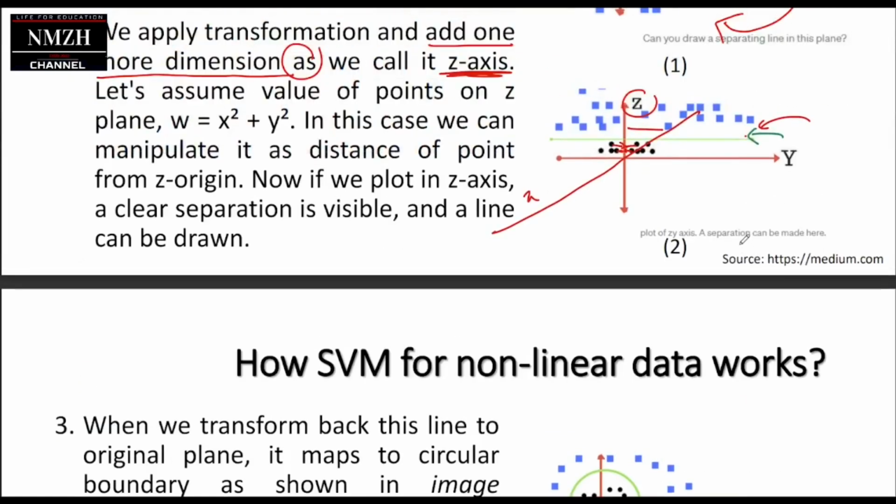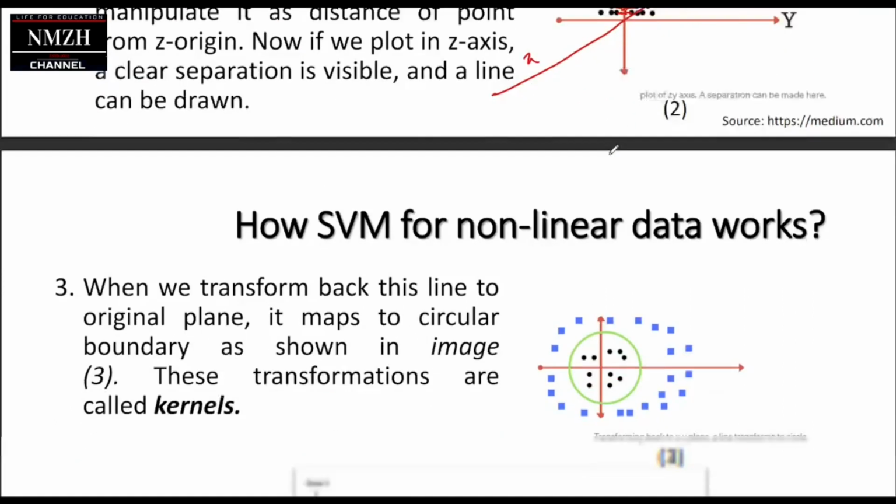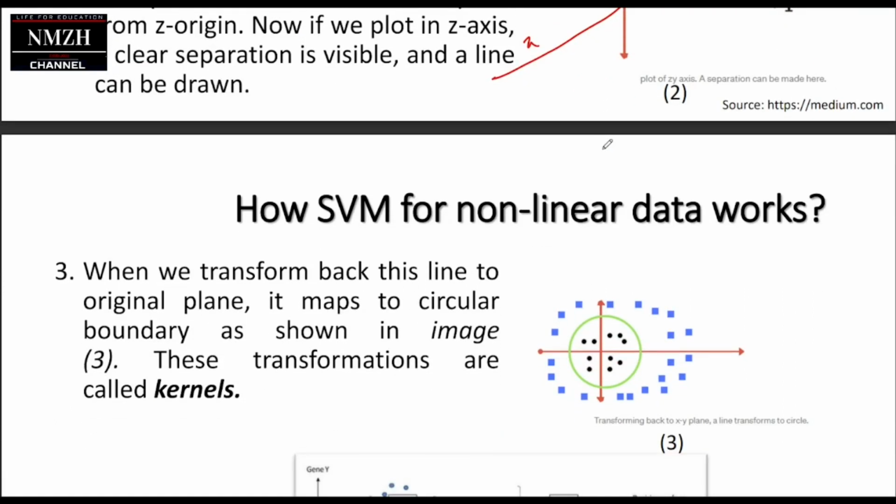Then we can see that the data is separated physically, from the middle to the rounded data that we have over here, black and blue. So now we turn those 3 dimensions back into 2 dimensions, as in number 3.